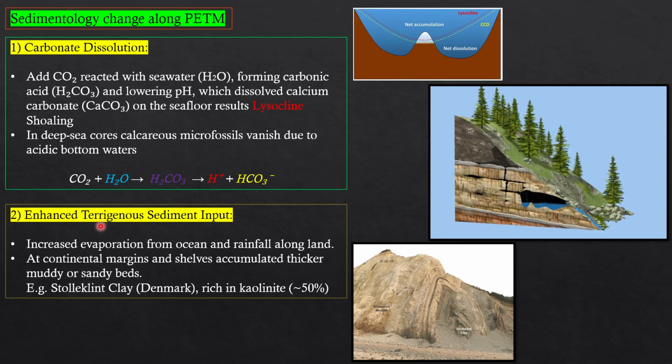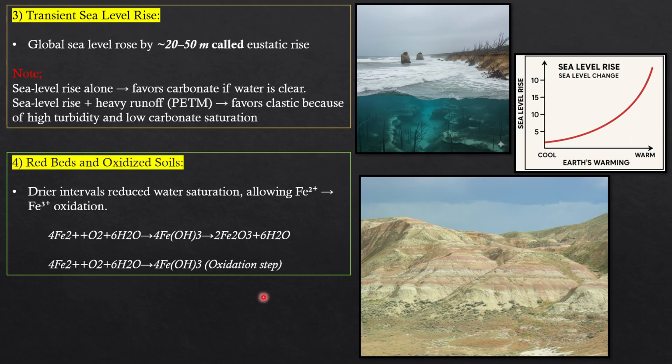Number two is enhanced heterogeneous sediment input. Due to evaporation and too much rain, a lot of clastic sediments came from the land surface into the marginal ocean or deep ocean. You can see the evidence of the Stolleklint clay from Denmark, rich in kaolinite, and kaolinite is the chemical weathering product of feldspar. It means too much chemical weathering, too much humidity and too much rainfall in the atmosphere.